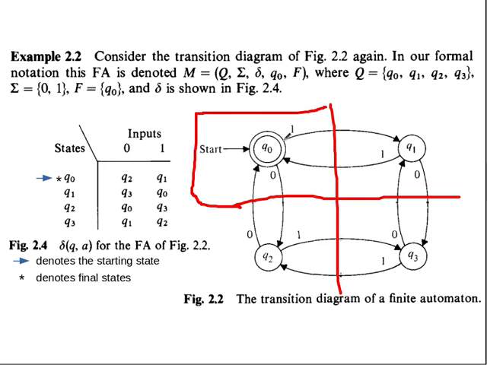That means it accepts precisely those strings which have an even number of zeros and an even number of ones. That is what it means.